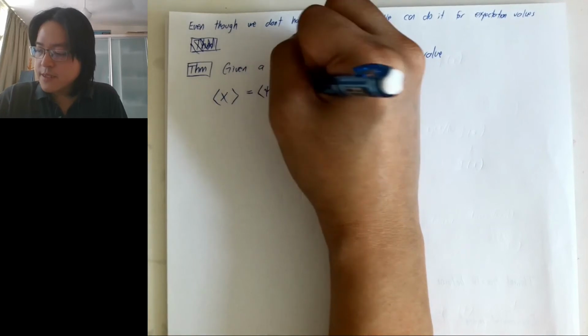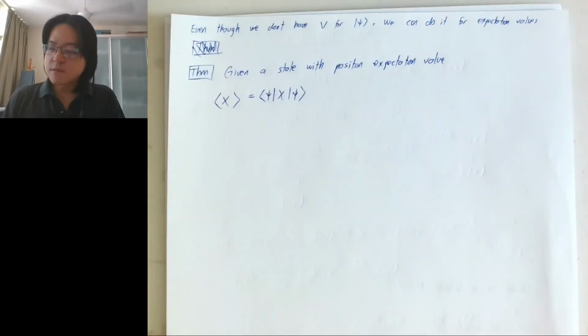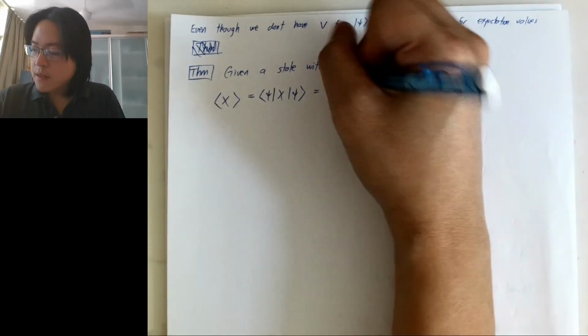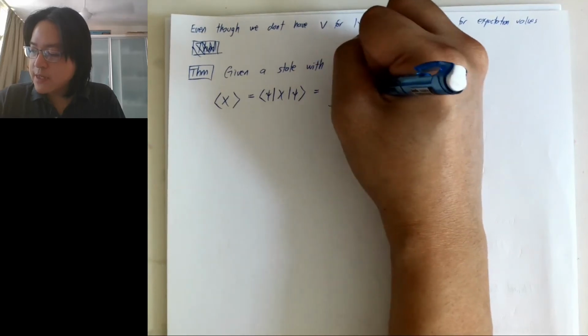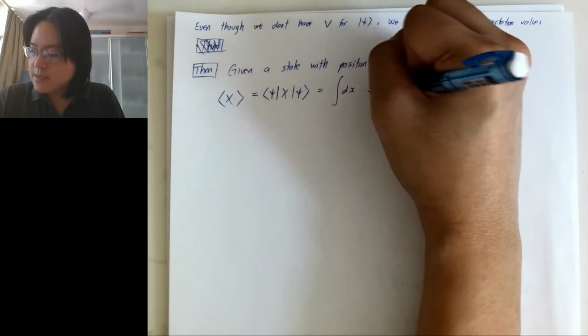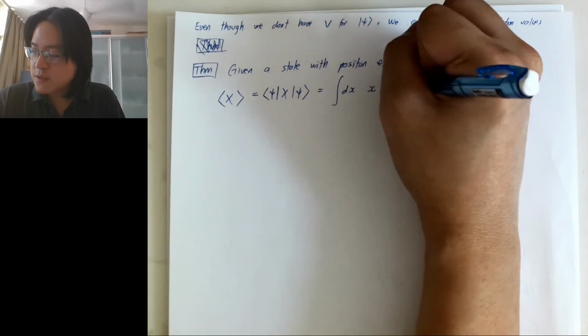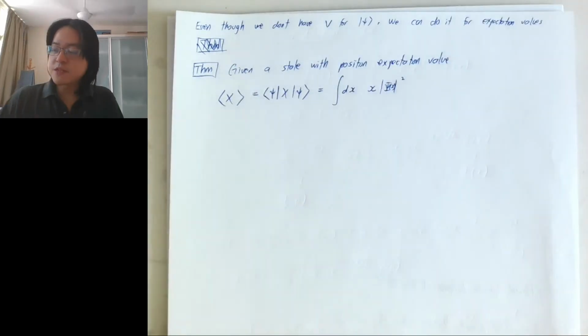So it could be any state. And I have shown you that the way to calculate this is take x and then psi complex conjugate in the position representation, right?